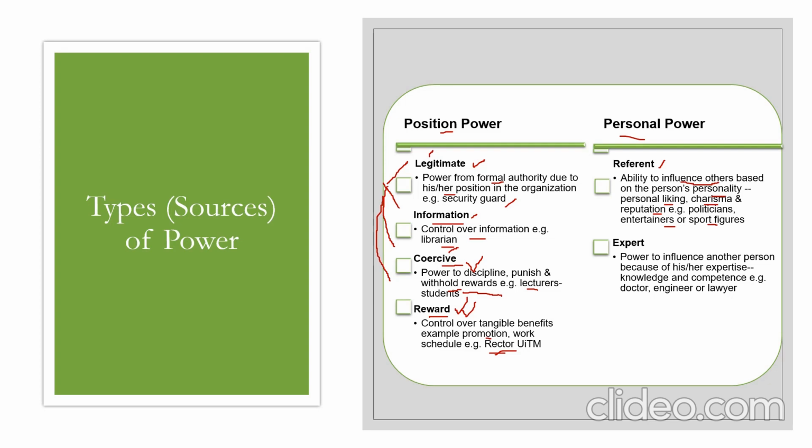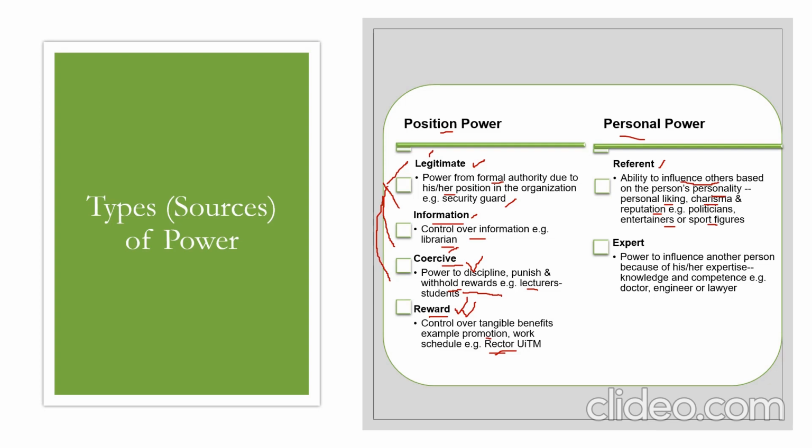So because of this, a lot of Malaysians admire him. Really like the way he administer the government or administer the country. So he has the power to influence other people to listen to his speech. So he is said to have a referent power because he is able to influence other people because of his charisma. Okay, that is a referent power.